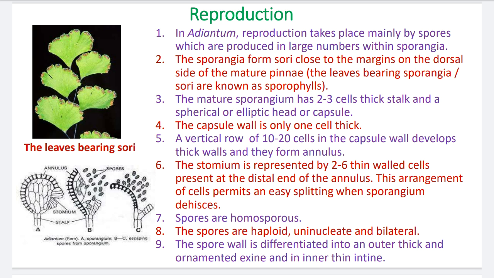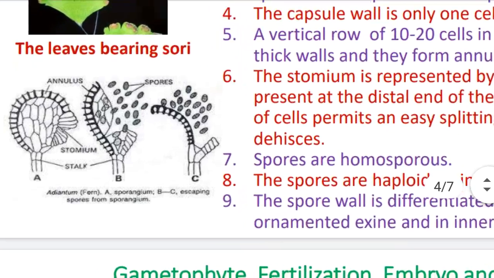Number 6. The stomium is represented by 2 to 6 thin walled cells present at the distal end of the annulus, and in diagram A, the stomium is given. The stomium is made by 2 to 6 thin walled cells.